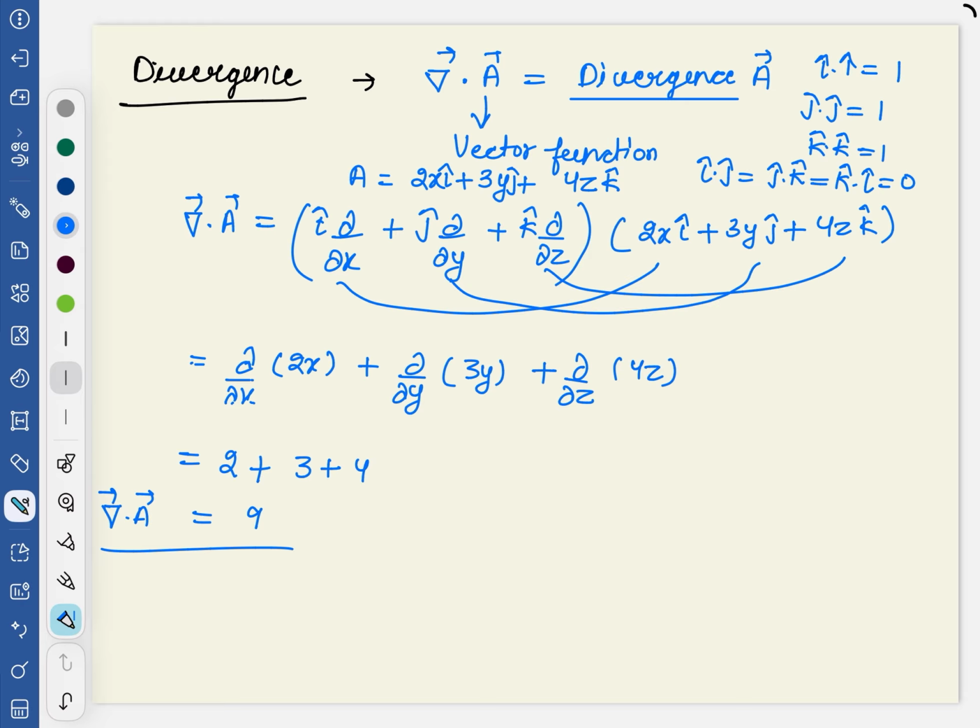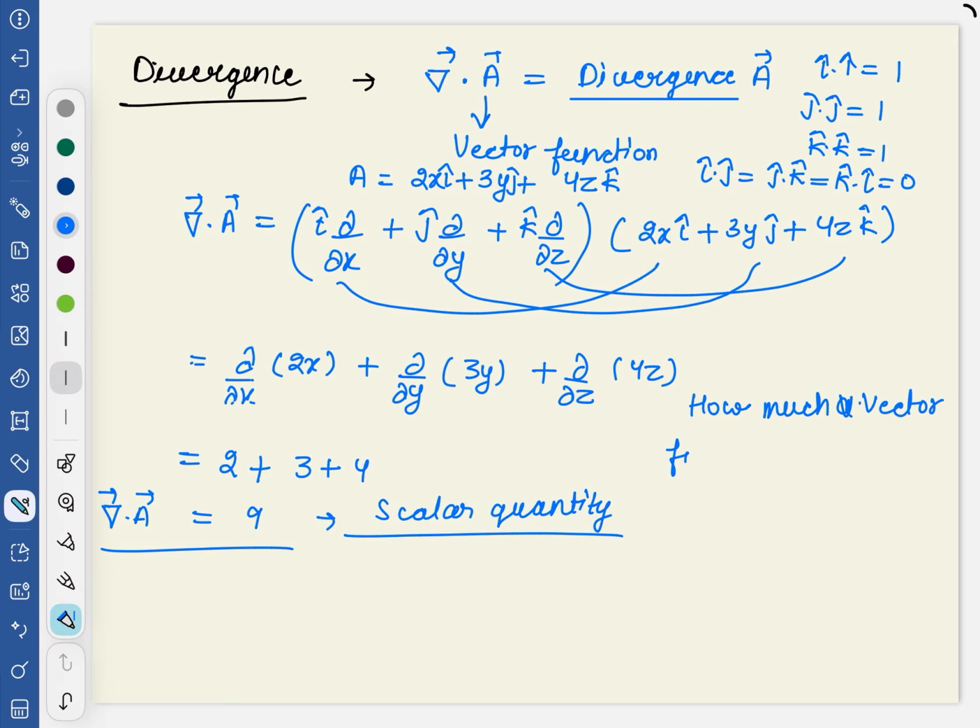The physical significance of divergence: here we get a scalar quantity. So first, the result is a scalar quantity, and the physical meaning of divergence is how much a vector field diverges. The physical meaning of divergence is flux. How much a vector field diverges.